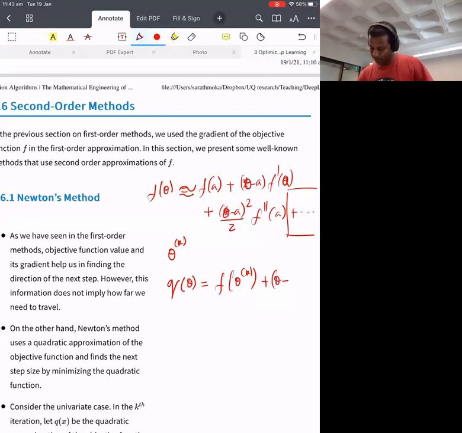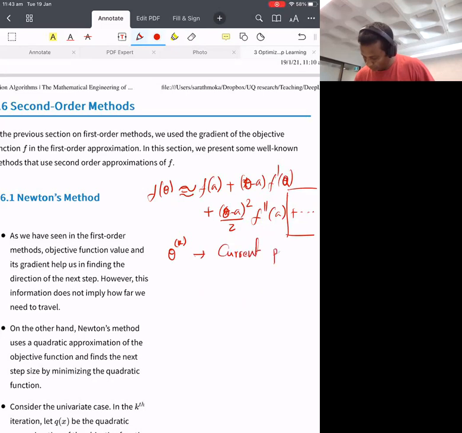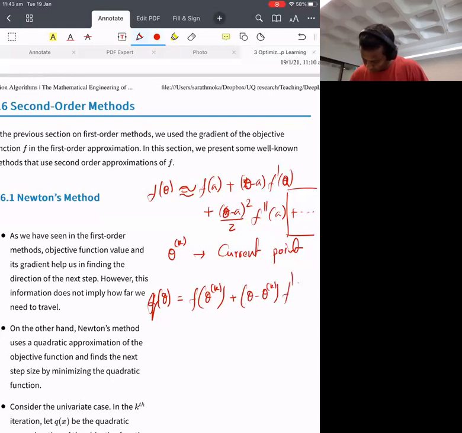I'm really sorry for that. Theta k is the current point, that is where we are. Then let's define q of theta as f of theta k plus the first and second order terms.